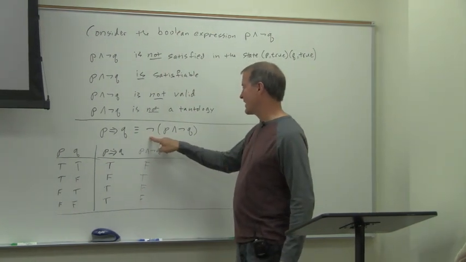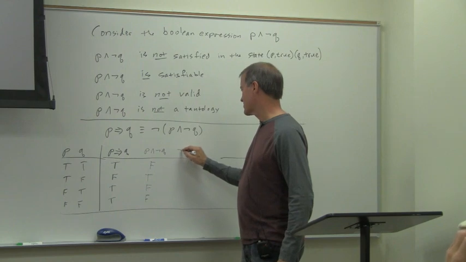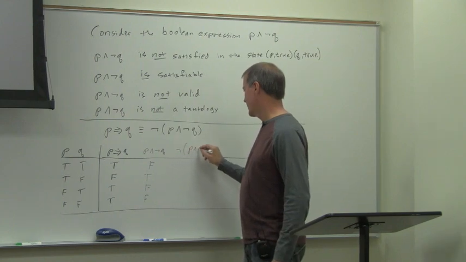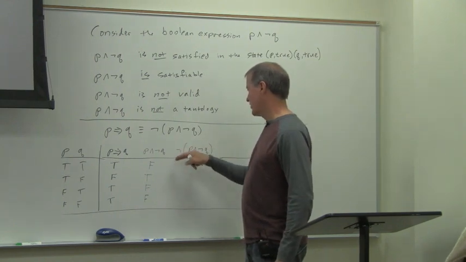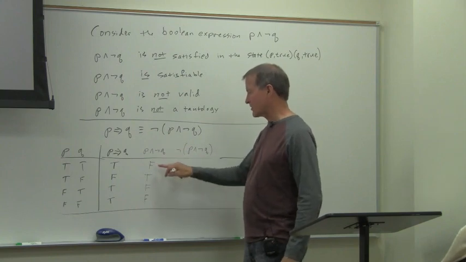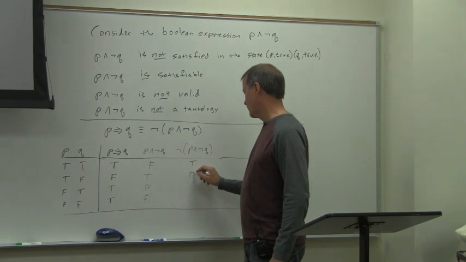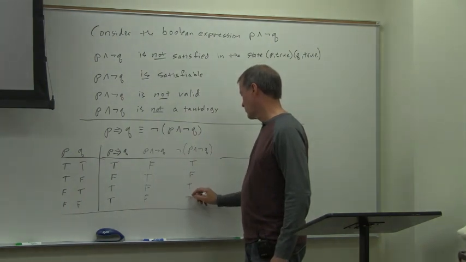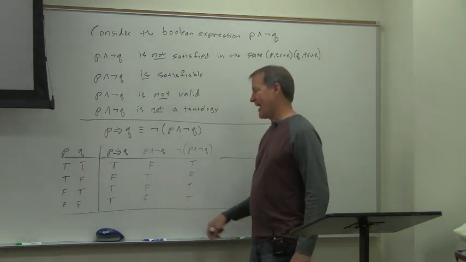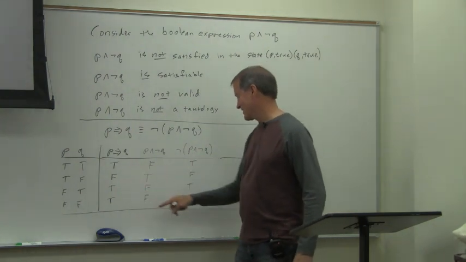Now if we negate this, that's easy, because this is not P and not Q. All we have to do is negate this, right? So if this is false, true, false, false, that makes this true, false, true, true. And son of a gun, this and this.